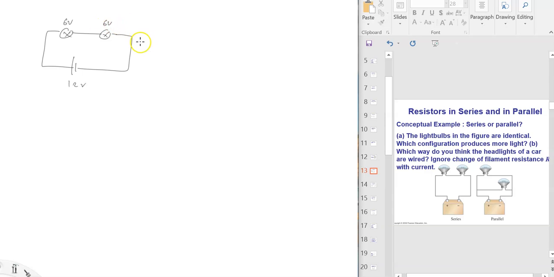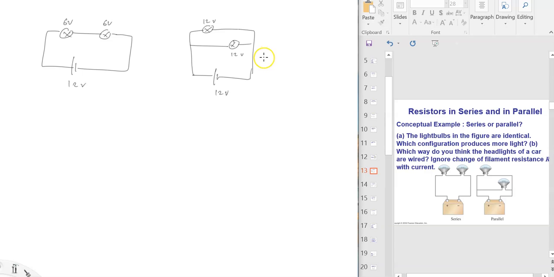This will have 6 volts. In this configuration, this is 12 volts, this is 12 volts, because the battery is 12 volts and they're parallel, so they both will have 12 volts.